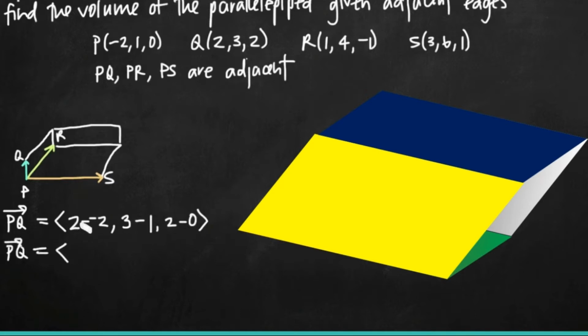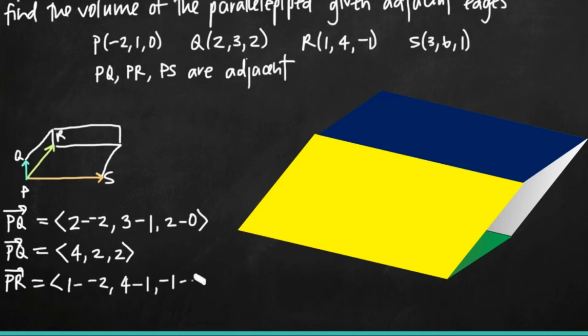So we have 2 minus negative 2, 3 minus 1, and 2 minus 0. But remember, 2 minus negative 2 is the same as 2 plus 2. 3 minus 1 is 2, and 2 minus 0 is 2. So we shall have 4, 2, 2, which are the components of our vector PQ.